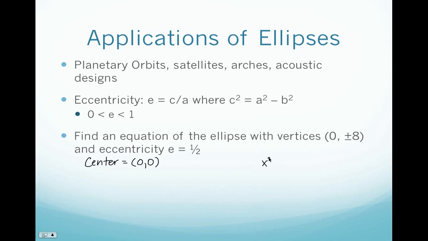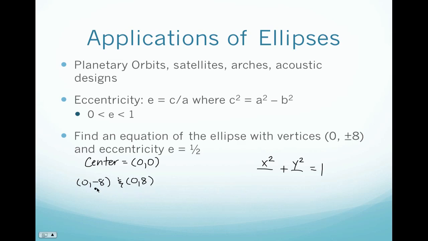So let's go ahead and start up our equation. It's going to be x squared, because we have x minus 0 squared, over our minor axis, plus y squared over our major axis, equals 1. Well, we can figure out the length of our major axis because we can find the distance. If this is (0, plus or minus 8), that means the two vertices are (0, negative 8) and (0, 8).